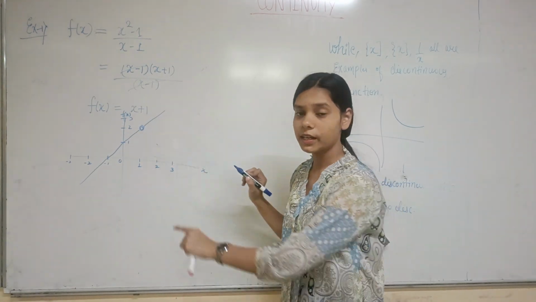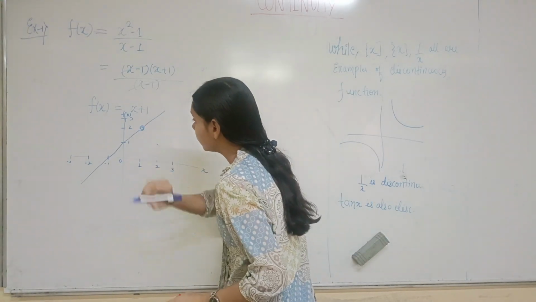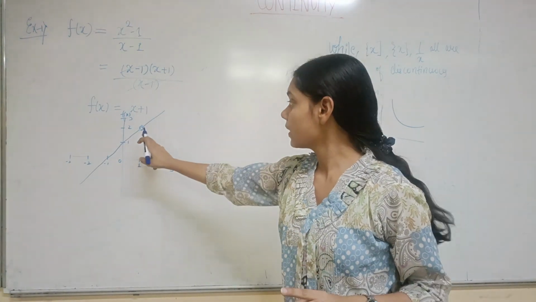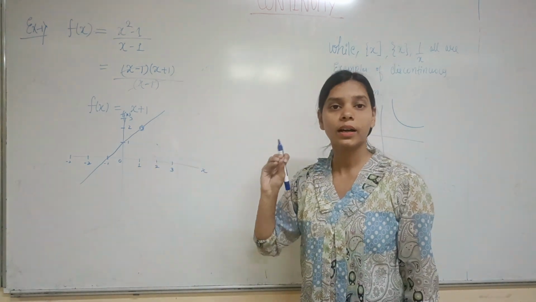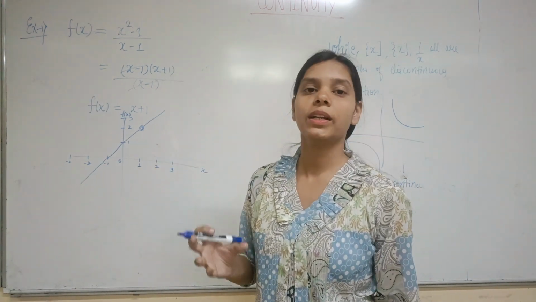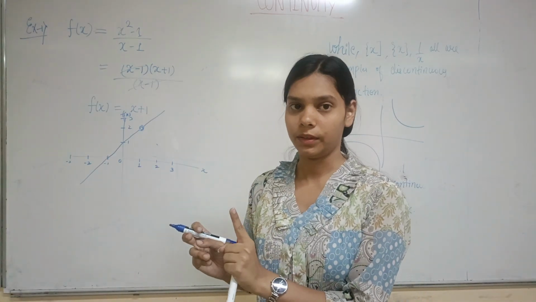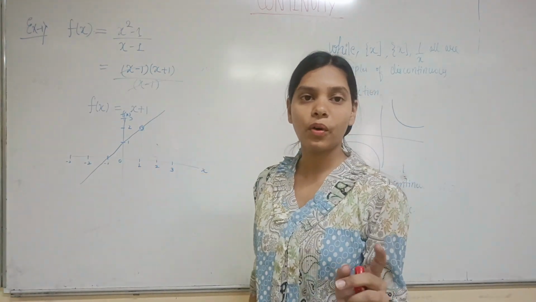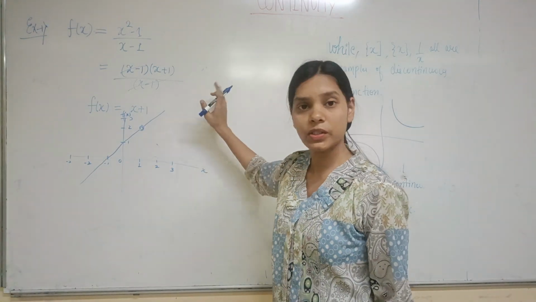You can observe there is a gap in the graph, so we can say that the given function is not continuous, means the given function is discontinuous at x equal to 1, isn't it? Here discontinuity occurs because the point 1 is not in the domain of the function, right? So first condition is that.